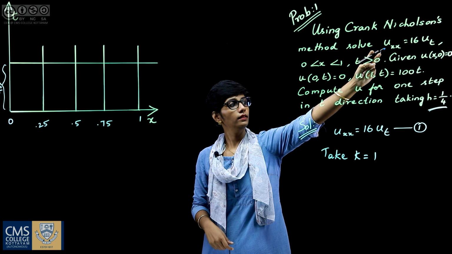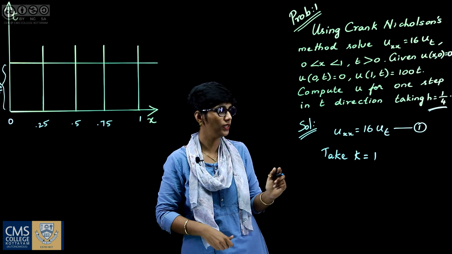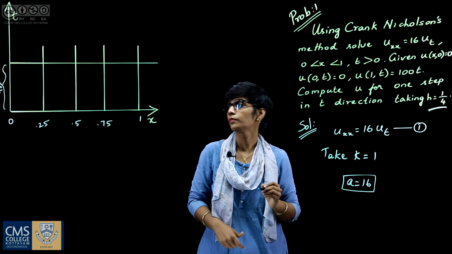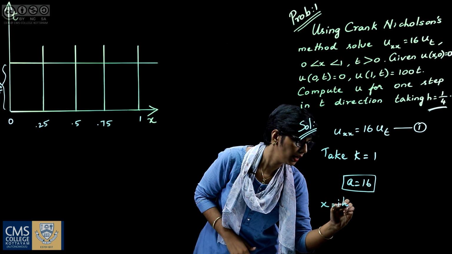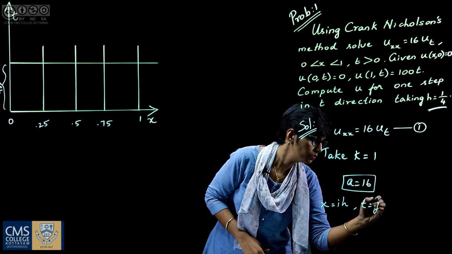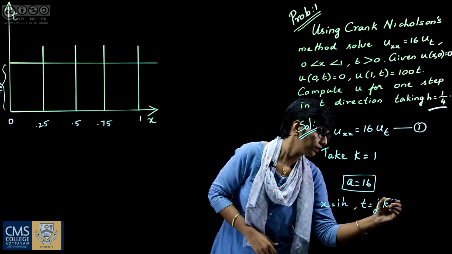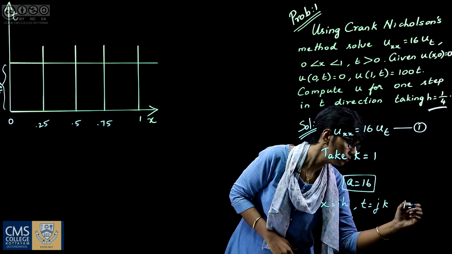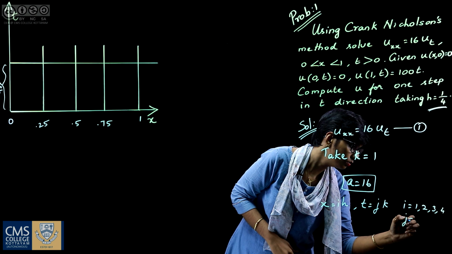When we compare our given equation with the heat flow equation, we get the value of a = 16. We know that x = ih and t = jk, where i = 1, 2, 3, 4 and j = 1.